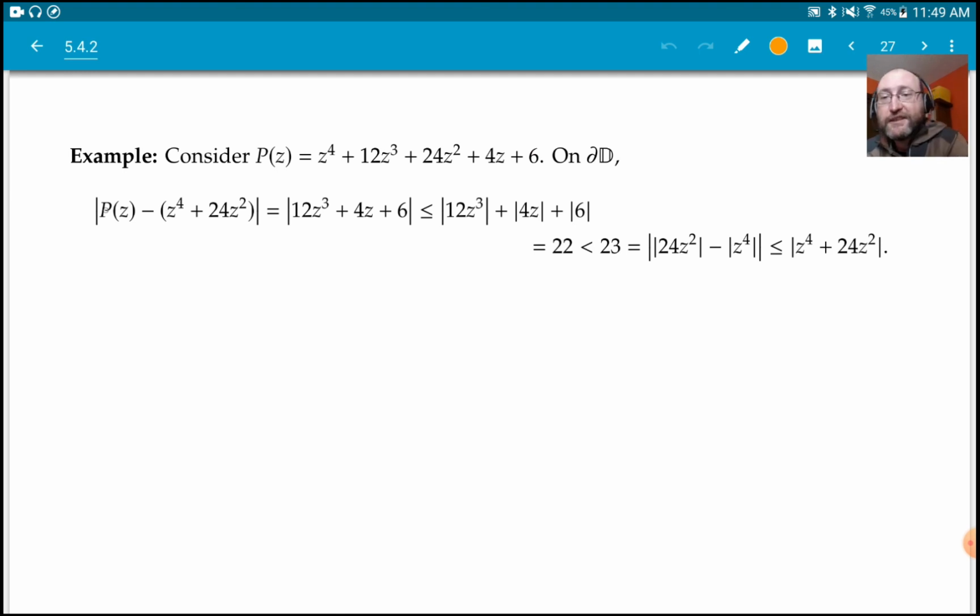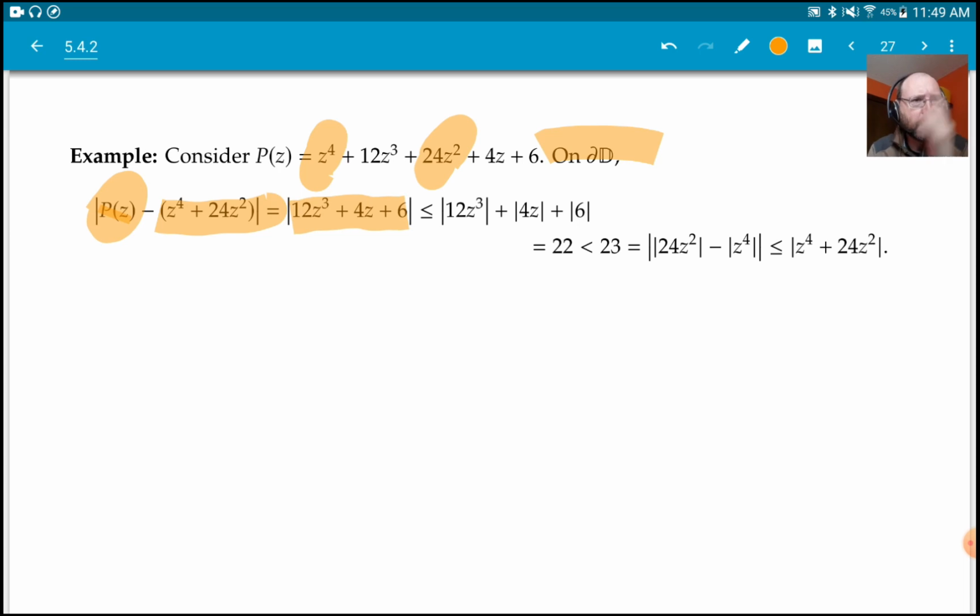But let's look at this P on the unit circle, and let's subtract this. So basically, I'm subtracting away this and this, so I'm left with this guy, and I'm on the unit circle. Now I just use the triangle inequality, this sort of brute force approach.